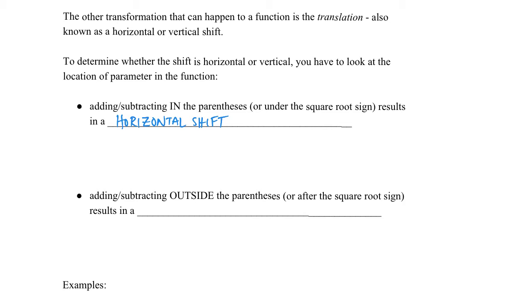Okay, in particular, if it's a minus, that's going to shift right. It's backwards of what you think. And if it's plus, and we'll look at some examples of this in just a moment, that's going to shift it left.